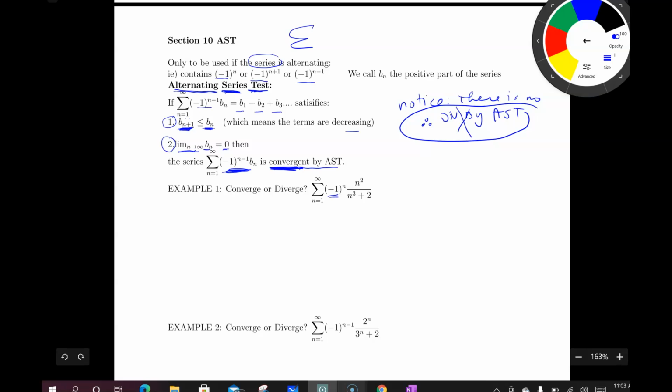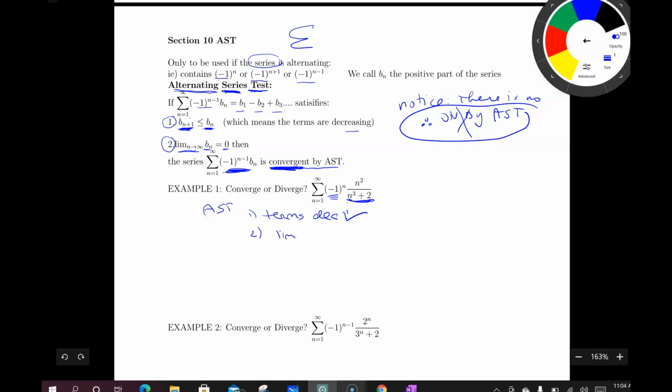So here I have an alternating series, so I can do the alternating series test. So first, does it look like the terms are decreasing? As I plug in larger n values, does it look like these positive terms would be getting smaller? Yes, there's going to be more growing in the denominator. Check.